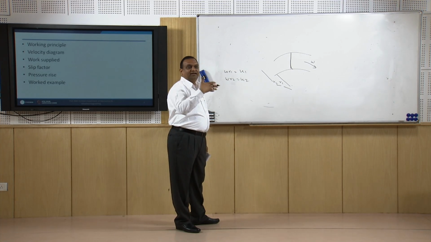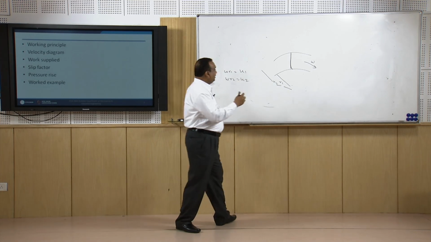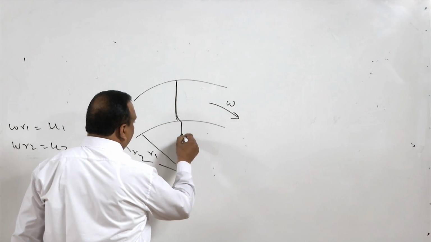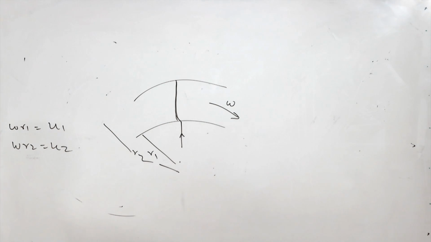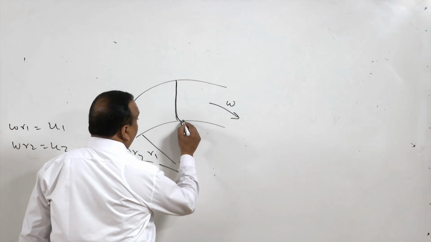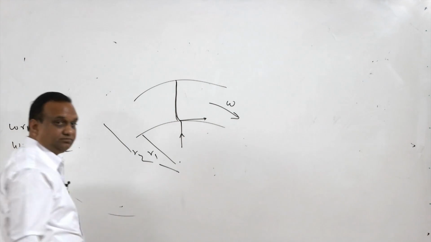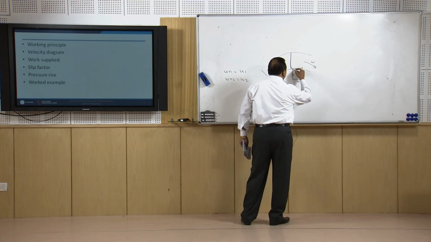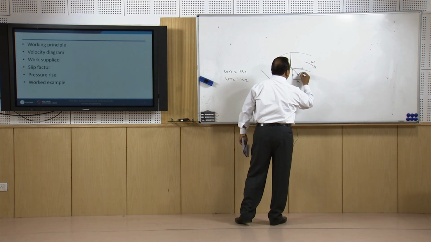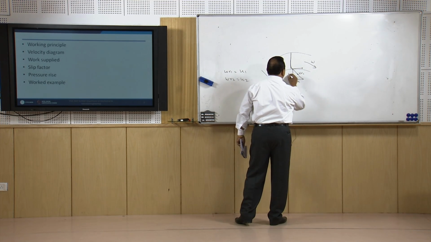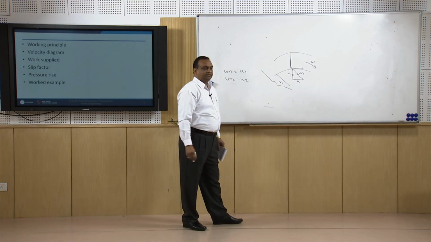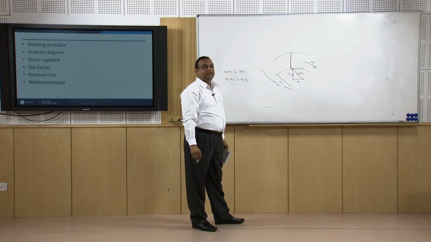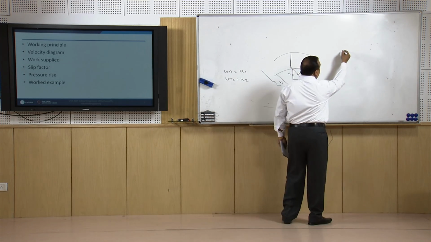Now, there is an axial entry like this, and blades have peripheral velocity in this direction, this is U. So, relative velocity will be like this. That is why this blade is curved at the bottom, so that there is no shock entry, and the fluid will slide over the surface.